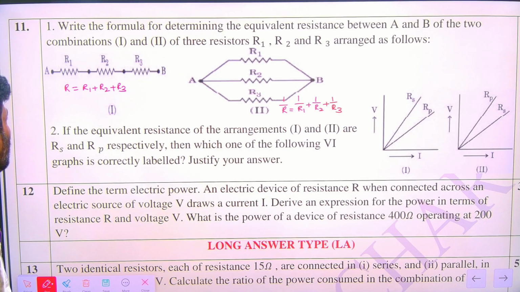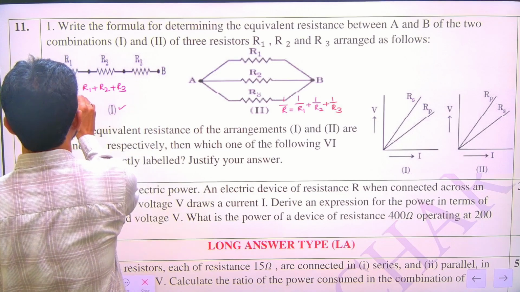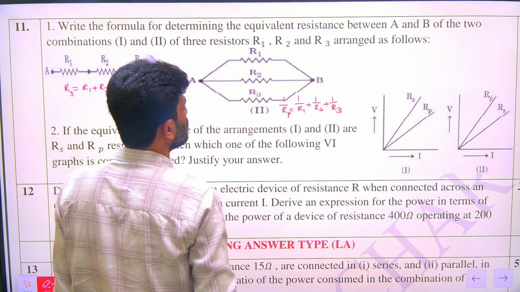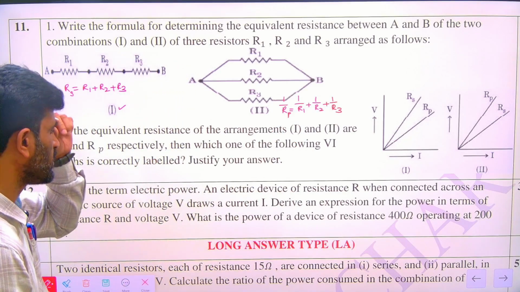Now the next one: if the equivalent resistance of the arrangements 1 and 2 are RS and RP respectively, then which of the following graphs is correctly labeled? Justify your answer. This is RS, the effective resistance, and here it is given RP, the effective resistance. So which graph is correct?